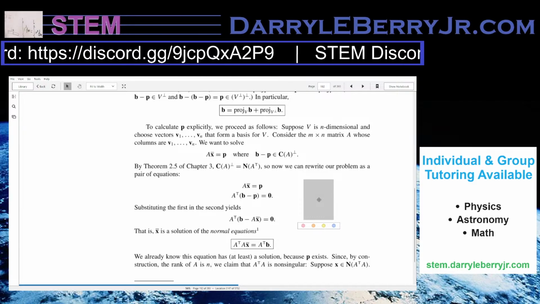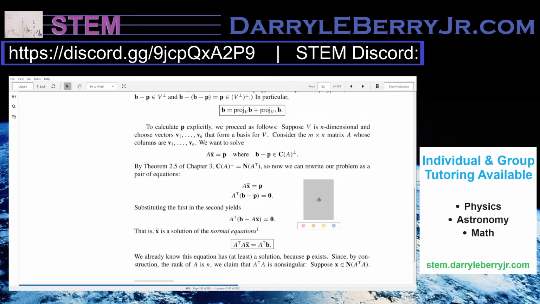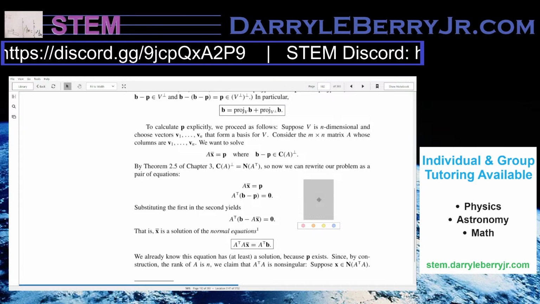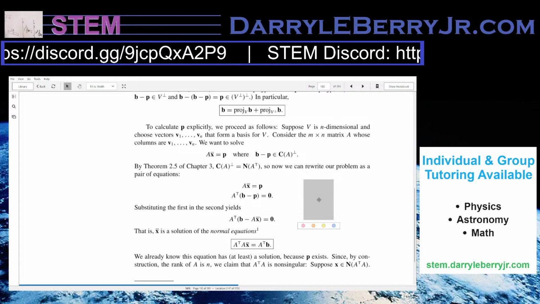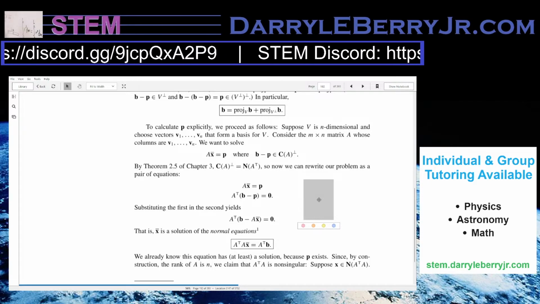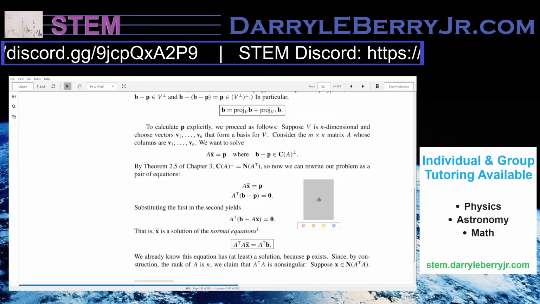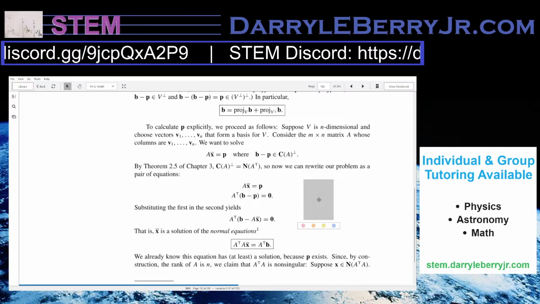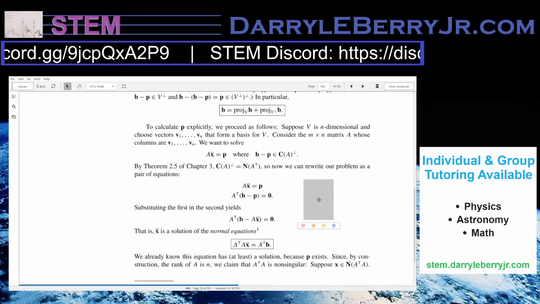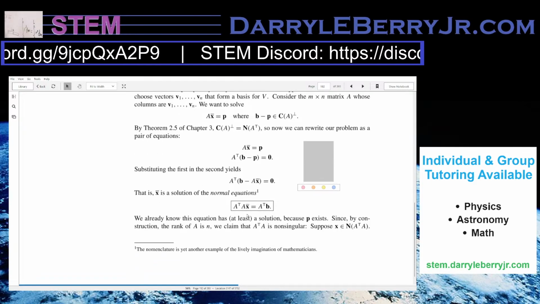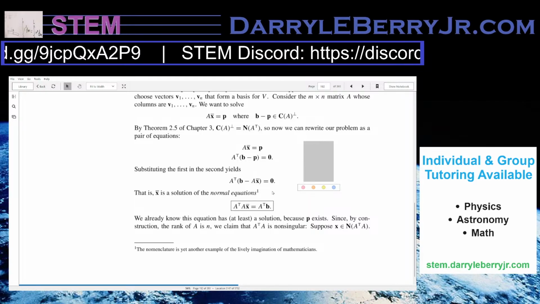Now we have A^T B minus A^T A x equals 0. Thus A^T A x equals A^T B. We already know this equation has at least a solution because P exists.